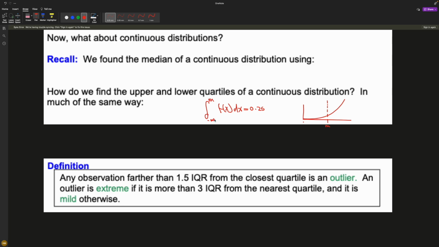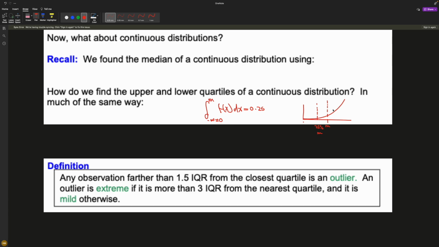In other words, you'll be doing 0, not negative infinity, because your function doesn't exist past 0. So what we're saying now is I want from 0 all the way to 25%, and that would be whatever my m value is at.